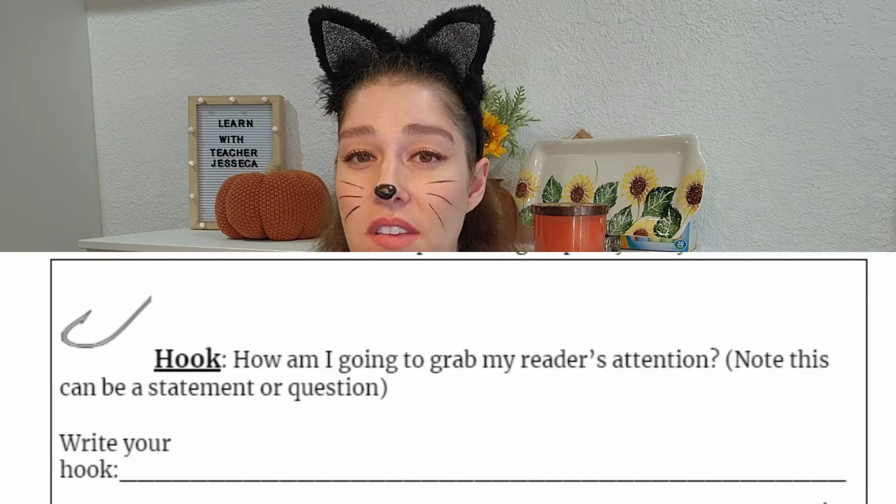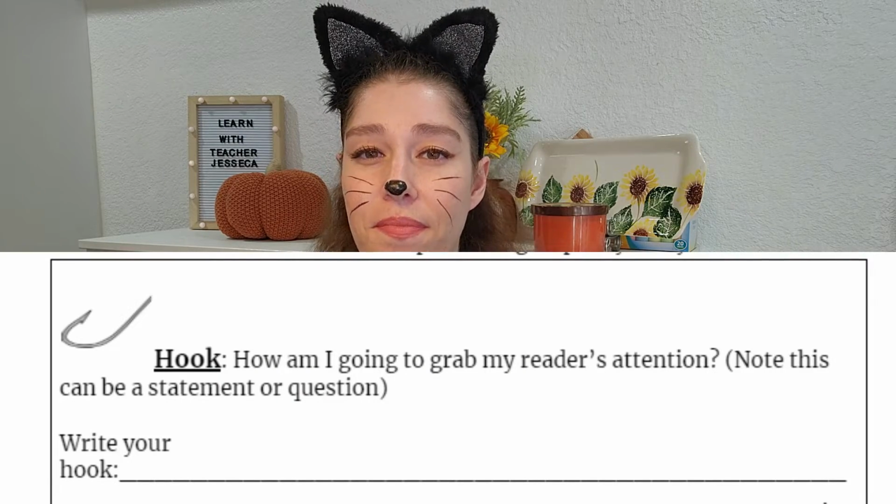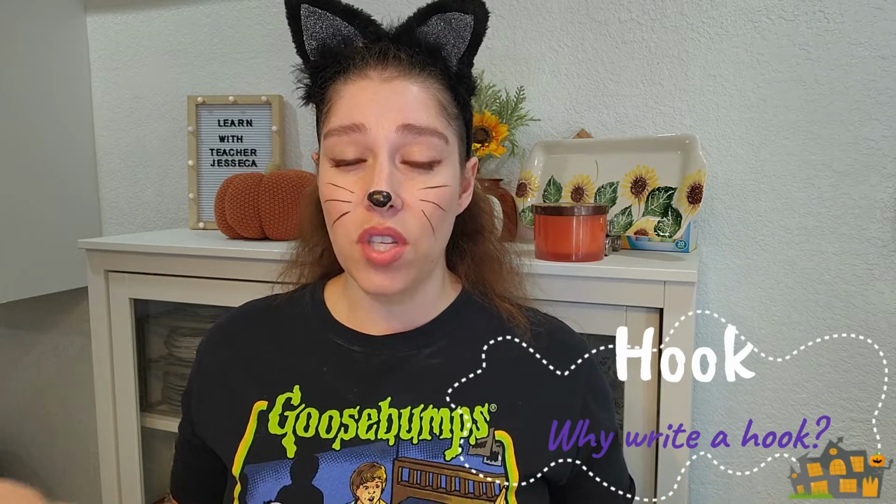So you'll notice on your new graphic organizer that the first thing we need to do is write a hook. Why do we write a hook in a story? Have you ever been looking for a book to read or even assigned a different genre of a book to read and you start opening the book? The first thing you do is usually read a section of the story.